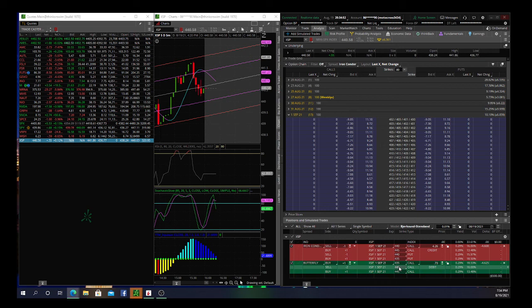Then the 440s are at the money, so they're essentially worthless at this point. And then the 445 is out of the money. So you have an in-the-money 435, the at-the-money 440s sold, and an out-of-the-money 445, which is another one that you buy. So you've created the body at 440, and you've created the wings at 435 and 445.